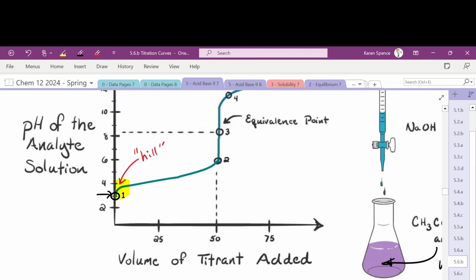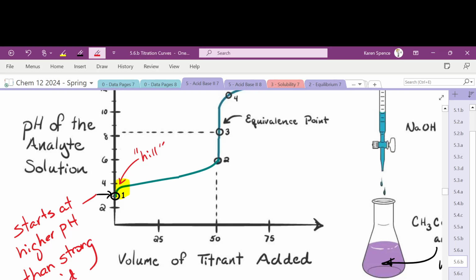Okay, so if we go back here, it starts at a higher pH than the strong acid. And we get the little hill.